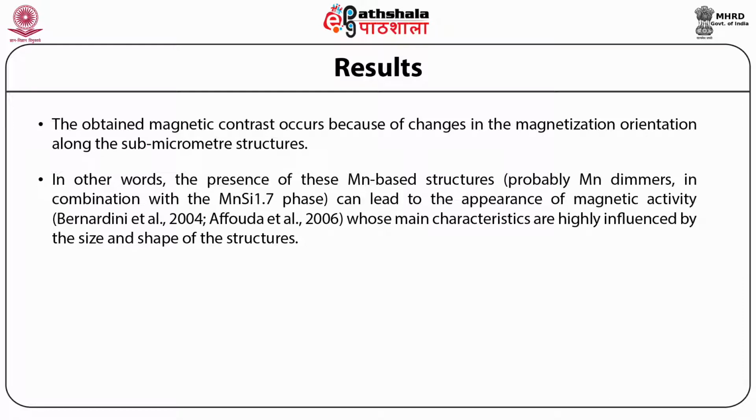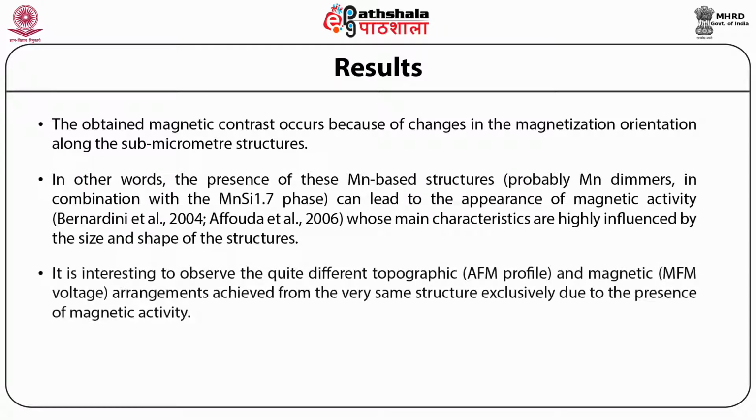of the structure. It is interesting to observe the quite different topographic, that is AFM profile, and magnetic MFM voltage arrangements achieved from the very same structure exclusively due to the presence of magnetic activity.